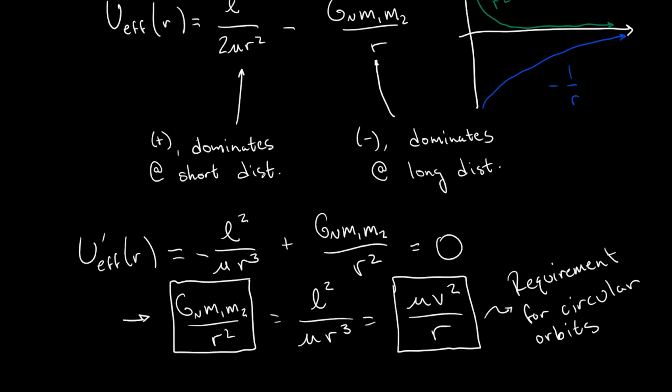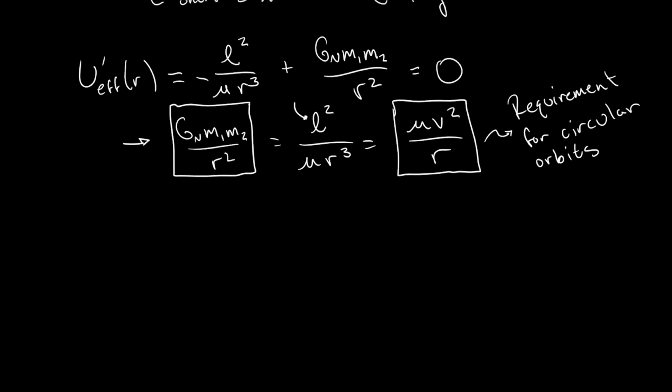So this minimum point of our effective potential energy is actually telling us what radius we have to be sitting at for a given choice of L that will have a circular orbit. And in particular, we can actually solve for this radius, which I'll call R_c, in terms of all of our other junk: G, mu, m1, m2. Pretty cool stuff.